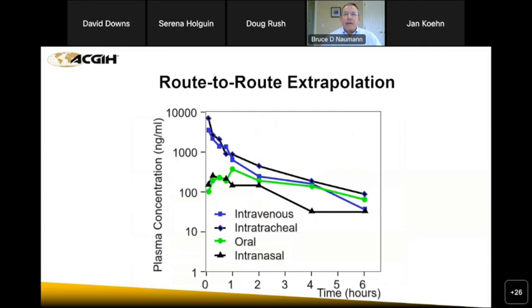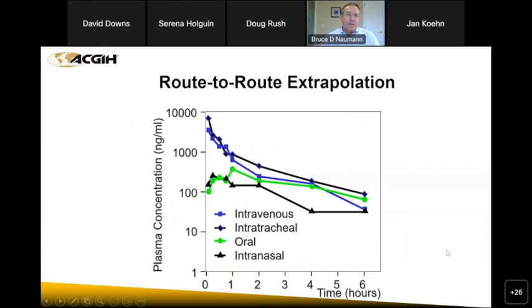And so the data that are available can vary, but here's a case, and this was actually from a study that a postdoc did for us when I was first starting out at Merck, Trish Wiedemann's work, where intravenous and intratracheal instillation resulted in a time course that was very similar, whereas intranasal and oral were very close.